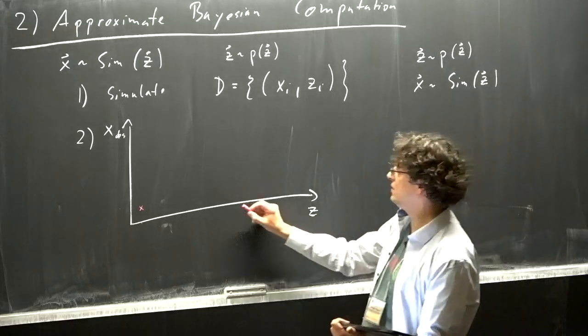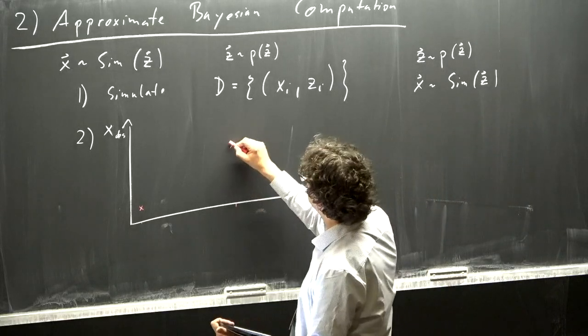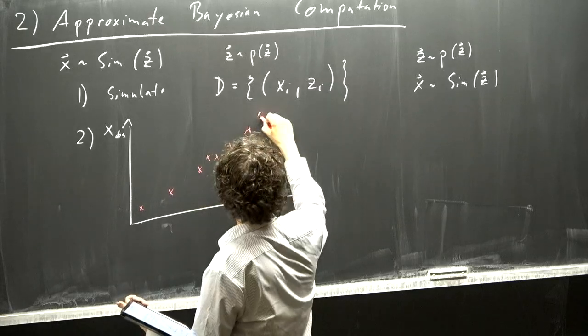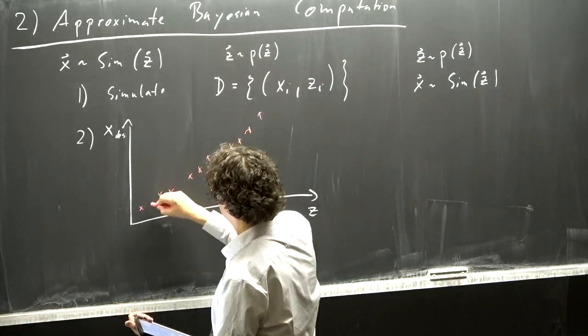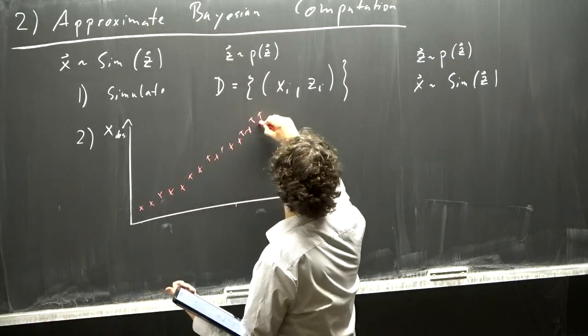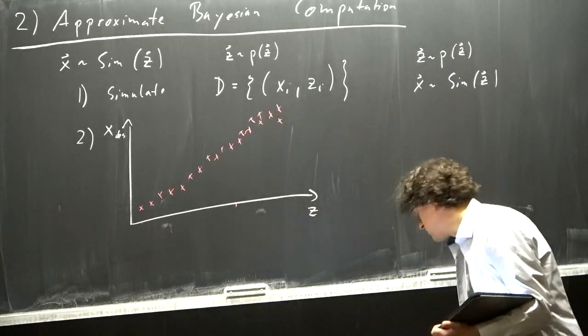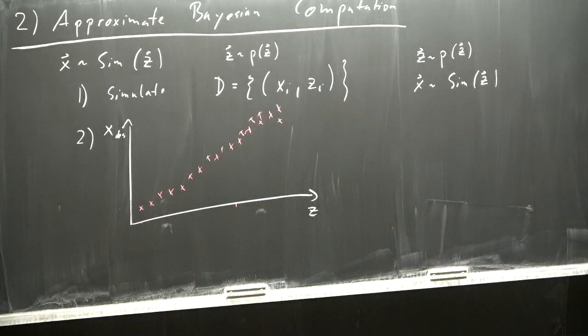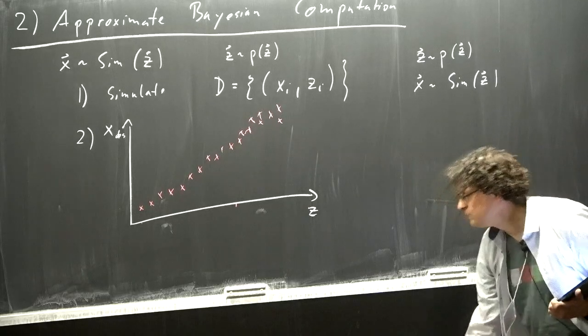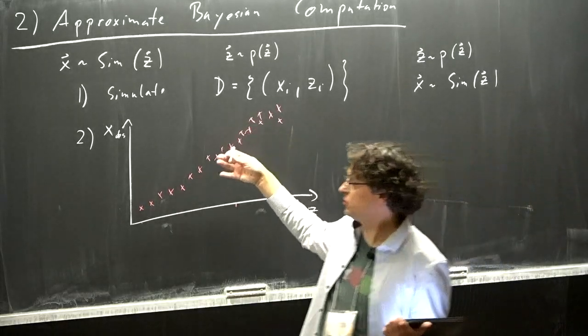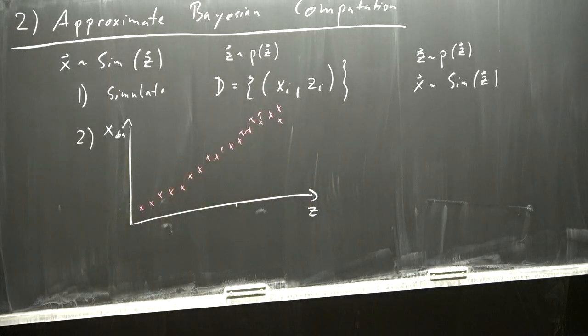Then we repeat, we might sample this value for Z, we get something here. And then we keep repeating until we have a larger number of simulation results, okay? Good, so that's something that you can do when you have a simulation code. This is nothing that you can do when you just have a code that gives you evaluations of likelihoods.